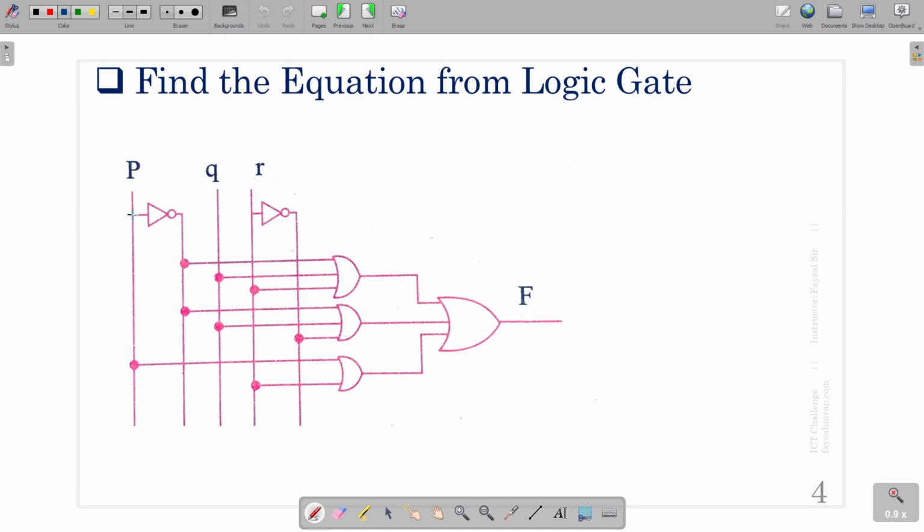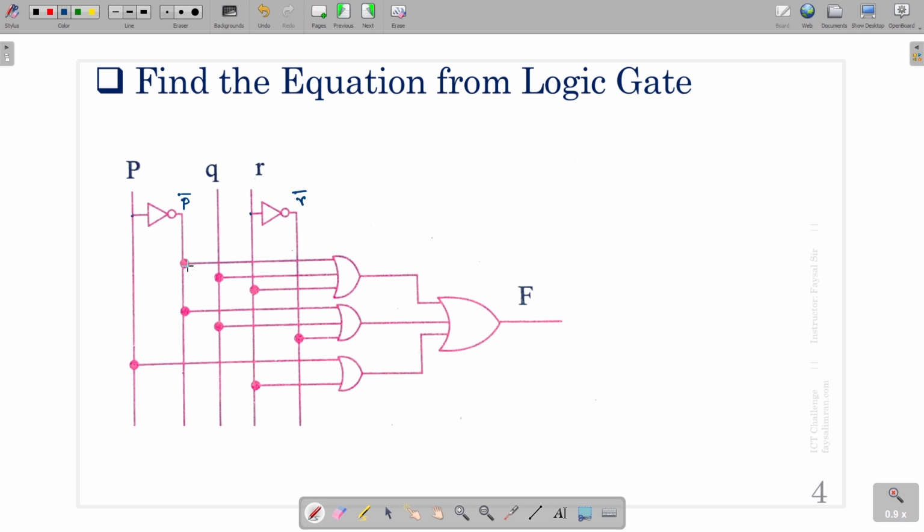So if I input here P, you will get P bar, also Q, and here we also get this R, that means this R is input to this NOT logic gate, so you will get R bar. Okay, now at first we get this NOT logic gate. This is the OR logic gate, and the OR logic gate is responsible for addition.